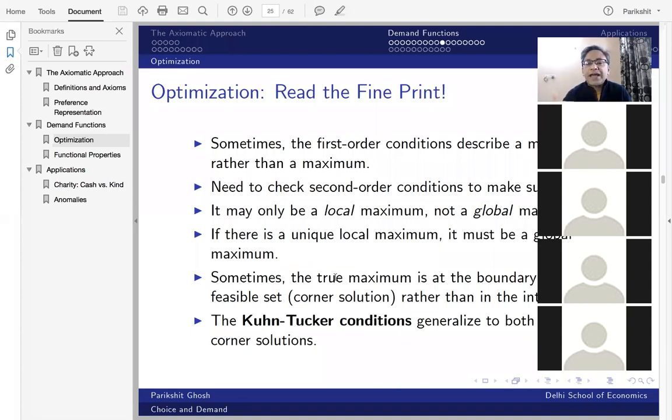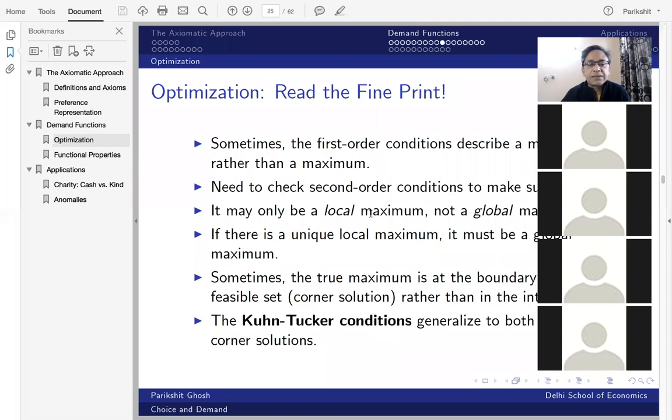They are extensions of the idea that, at the maximum, the second derivative is negative. An equivalent second order condition applies when we are dealing with a constrained optimization problem. So we need to check second order conditions to distinguish maximum from minimum.